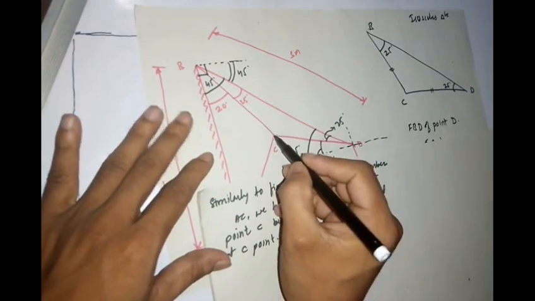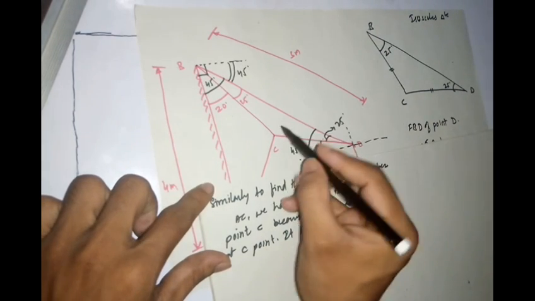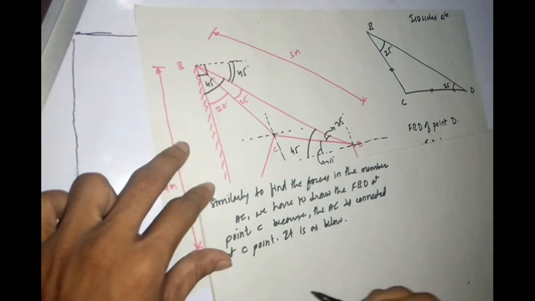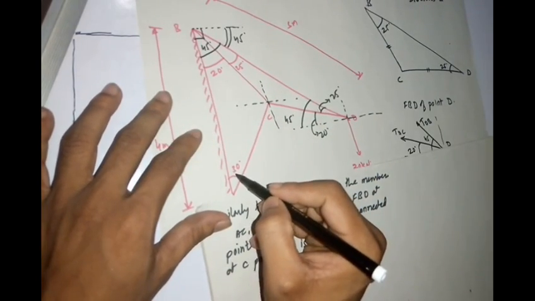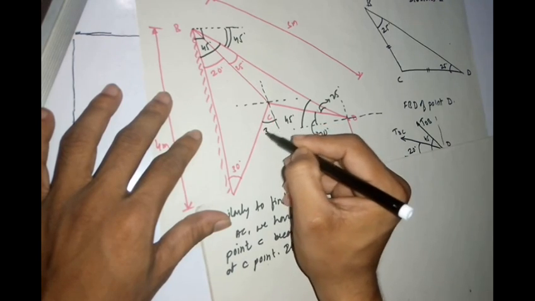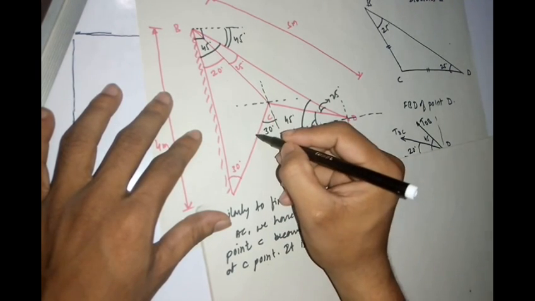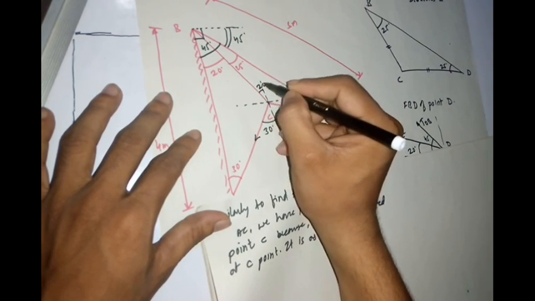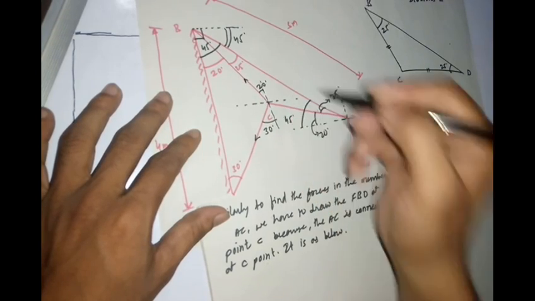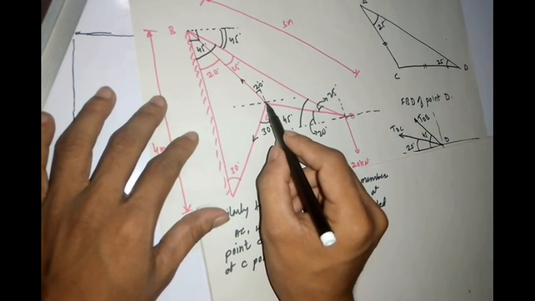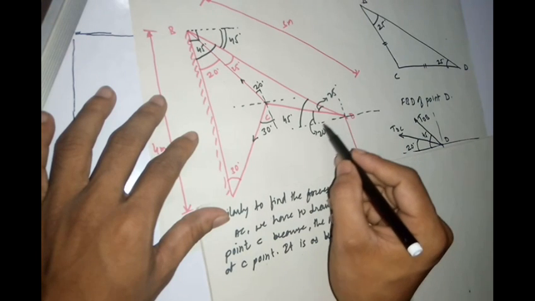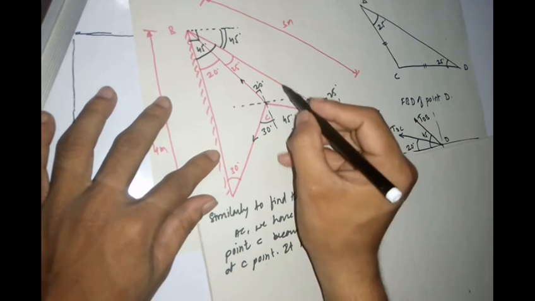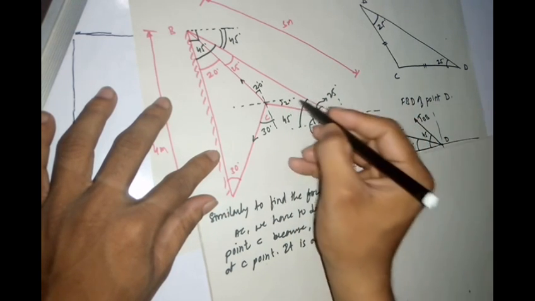So this is the point C. Draw here one horizontal and vertical axis. Now here it is 30 degree, so here this will be 30 degree. And here it is 20 degree. The member CD is making an angle 20 degree with horizontal, so from the alternate angles, this will be making 20 degree here.